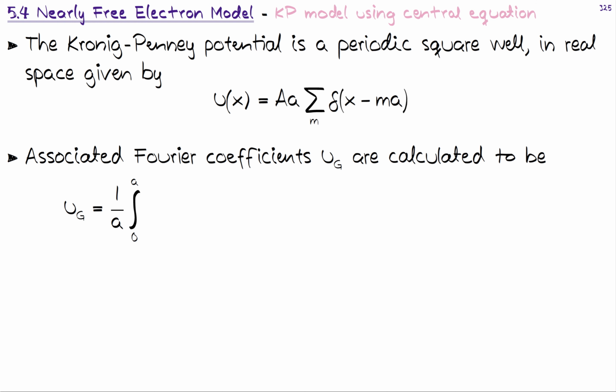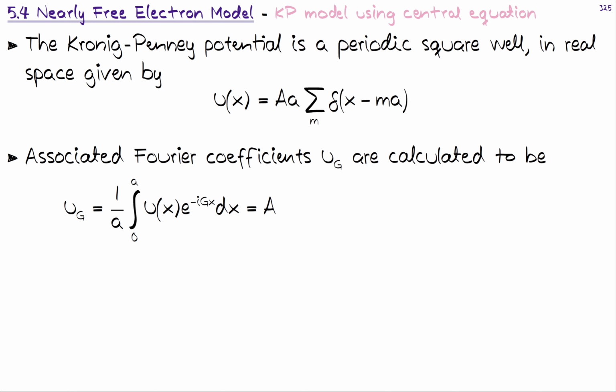We integrate over a single period the function u(x) multiplied with the exponent e^(-igx). This is basically the definition of how we calculate the Fourier coefficients when making a Fourier series description of our function u(x). And this is what we are doing here.